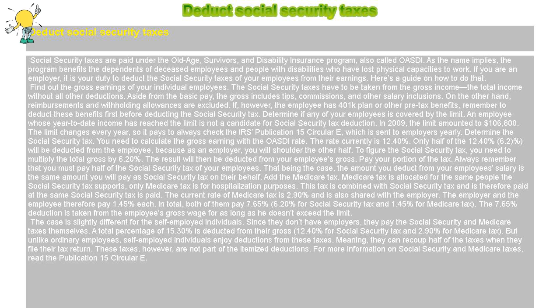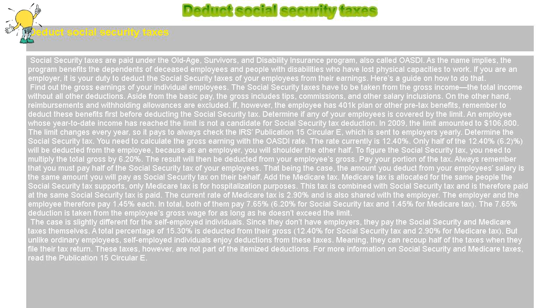The current rate of Medicare tax is 2.9% and is also shared with the employer. The employer and the employee therefore pay 1.45% each.